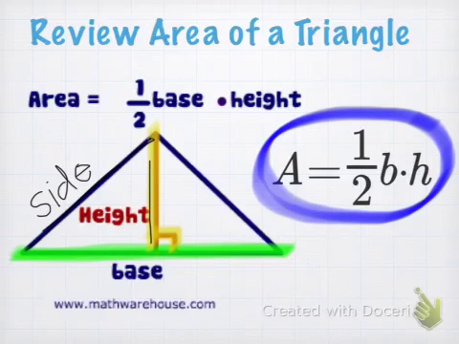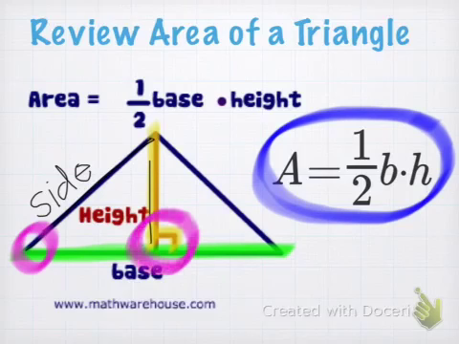So this one down here is more of a 45-degree angle, whereas the actual height is definitely what looks like a perpendicular 90-degree angle. So let's go ahead and see that in an example.